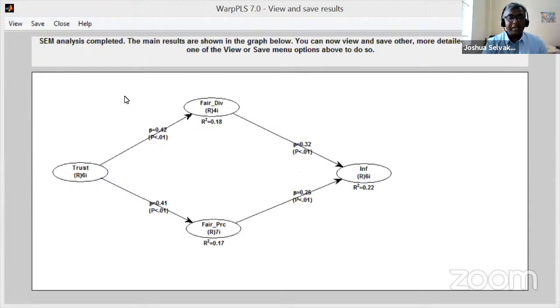What we can do is try to put trust as the moderating variable and run the entire SEM once again. So I will close this window and go back. I'll go to step 4 again, define SEM.